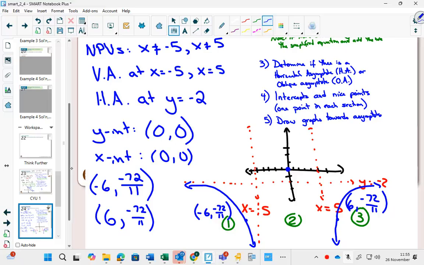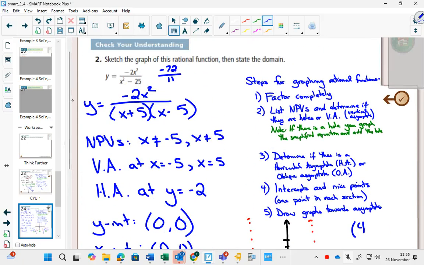So what you could do is go near your asymptote. Let's go at 4 and see what happens. If you plug in 4, I'll go back to my original equation. 4 squared is 16. 16 times negative 2, I would get negative 32 over 16 minus 25, negative 9.